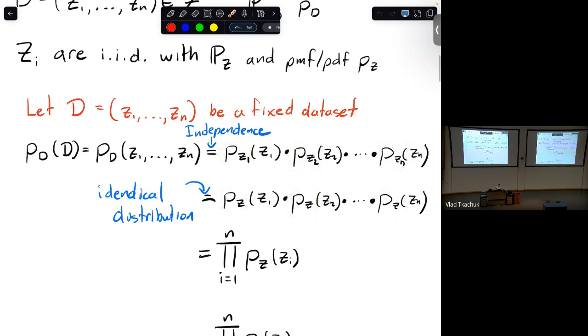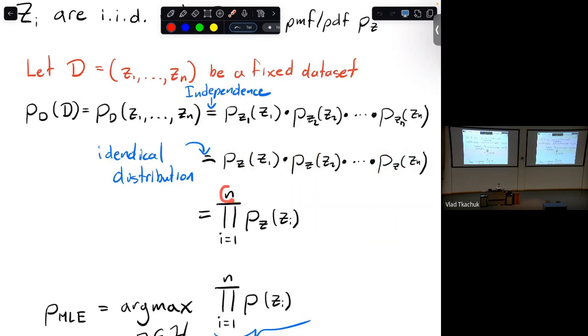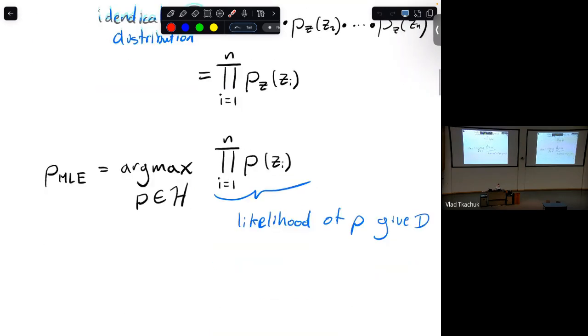You just end up with, for n data points, the probability of getting a particular data set being the product of getting every single one of those things. So if you flip a coin 5 times, and let's say the probability of heads was 70%, the probability you get 5 heads in a row is just 0.7 multiplied 5 times. Okay, so that should make complete sense.